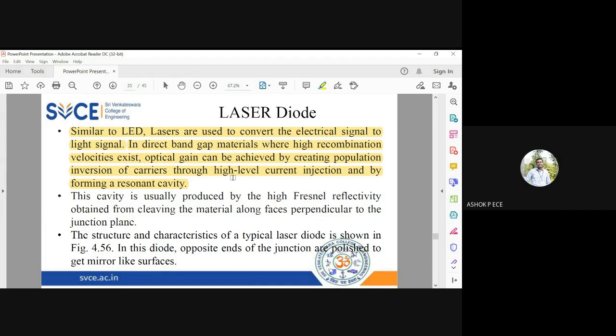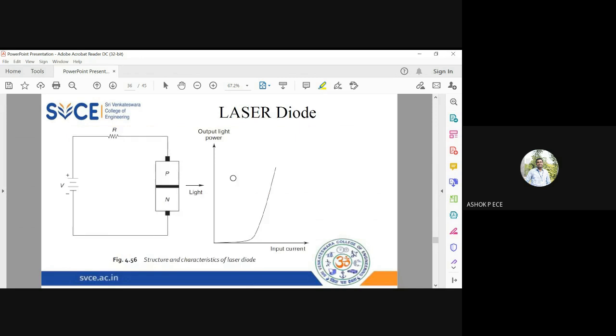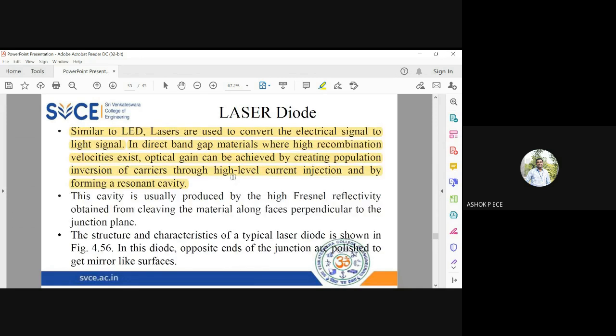At one particular point, when the loss becomes equal to the gain, the photons will come out in a coherent manner. It is just a conventional PN junction diode, but I'm going to keep it inside a cavity, and I'm going to control the population inversion by using a current injection.